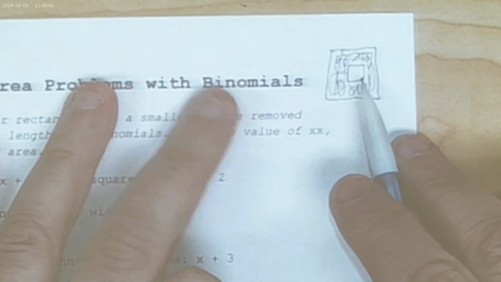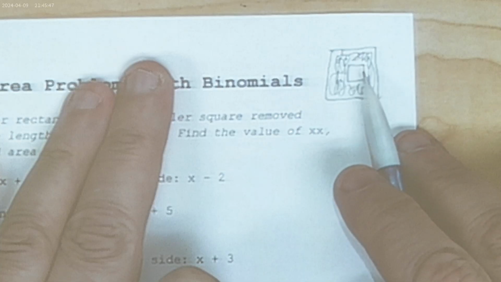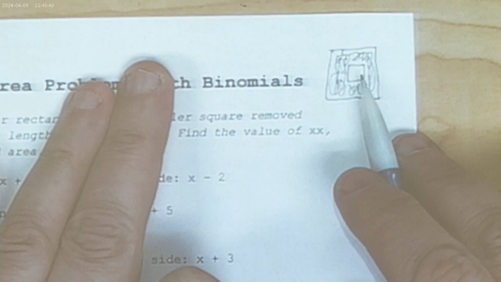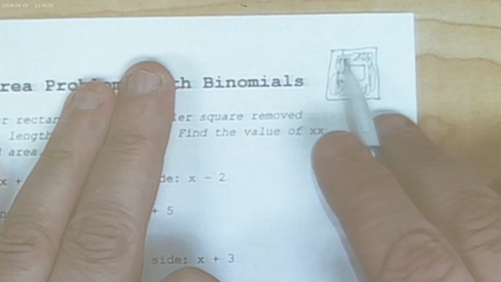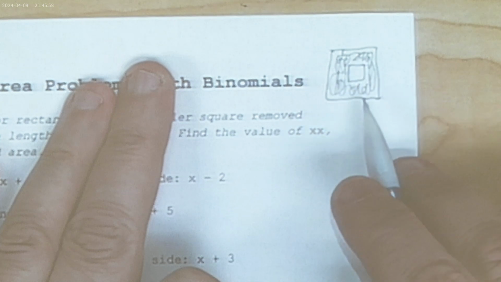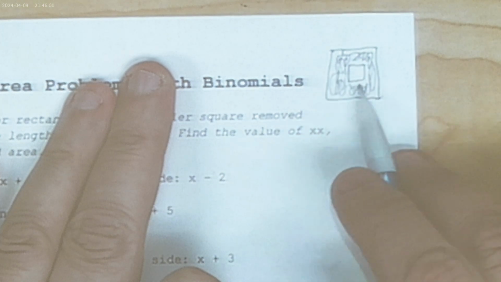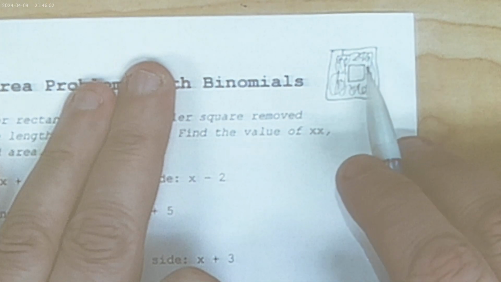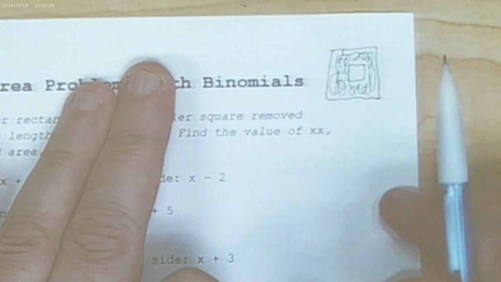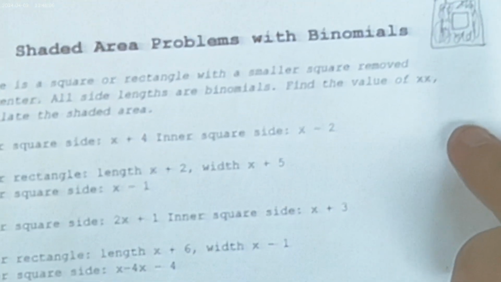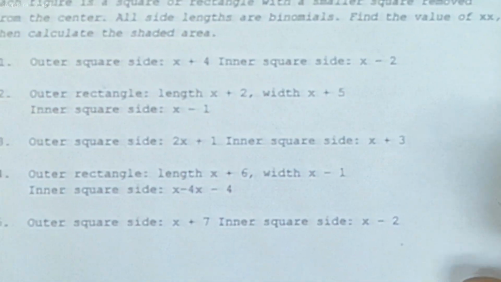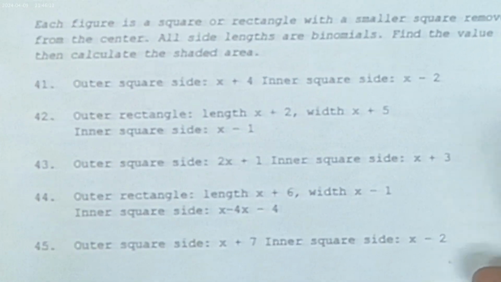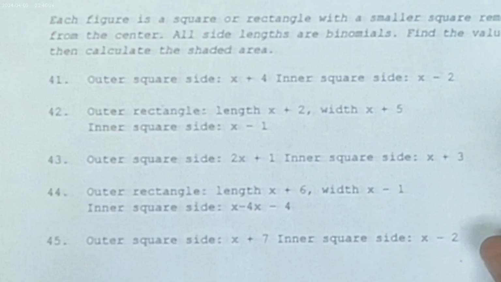And then inside, like I said, the first quadrilateral is another quadrilateral that is white and not shaded in. And your goal is to find the shaded area. And the way that you do that is to find the area of the big guy and then subtract the area of the little guy. And of course, you only have access to polynomials because life is cruel.